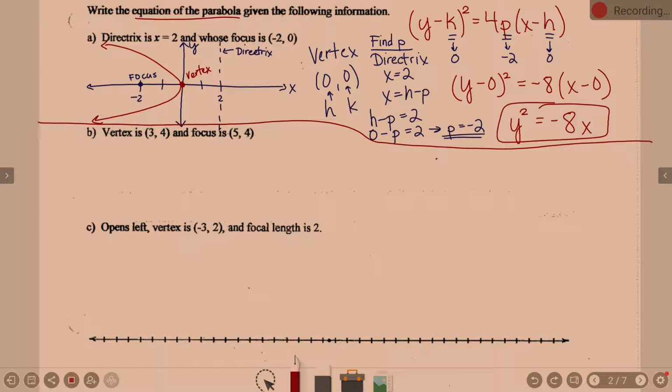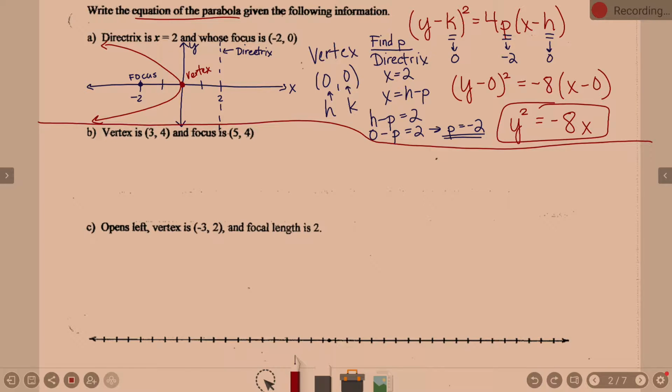If I'm looking at my chart, notice vertex is (3, 4), and focus is (5, 4). Which number do they have in common? 4. They both have 4.